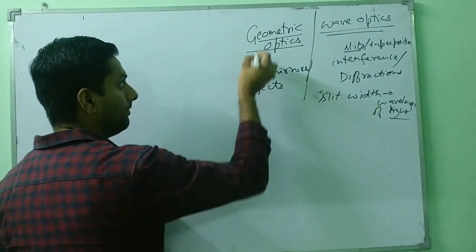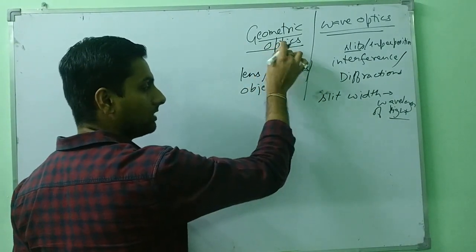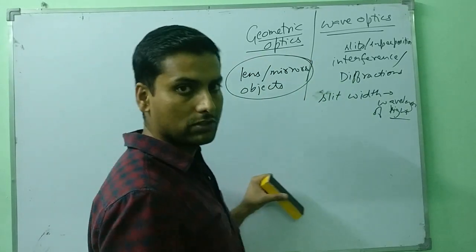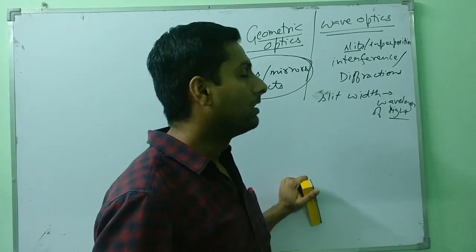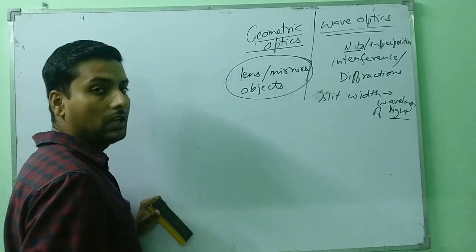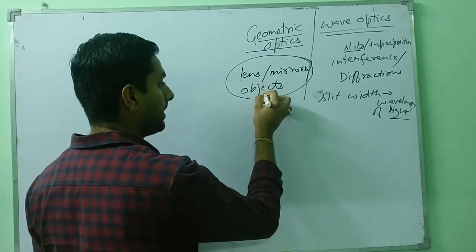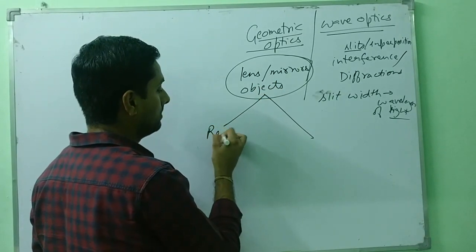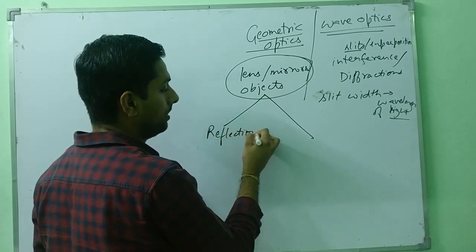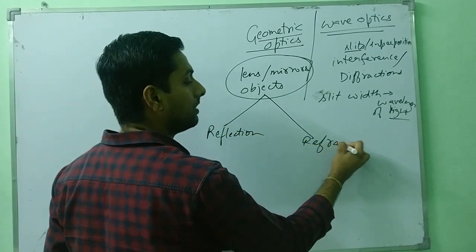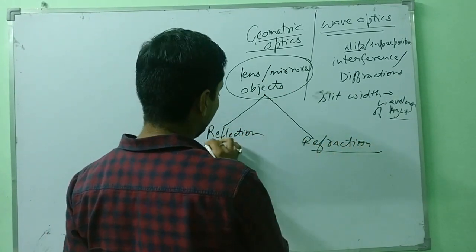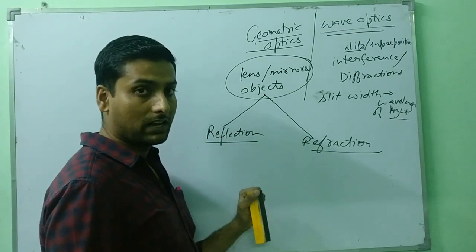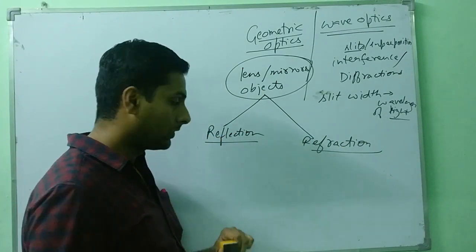Now, we will first study geometrical optics only, that is, we will study lenses, mirrors and other curvatures of spherical surfaces. What we need to study therefore is that geometrical optics is based on two phenomena. One is reflection and the other one is refraction. Now the name can easily be understood by the nature of the term.